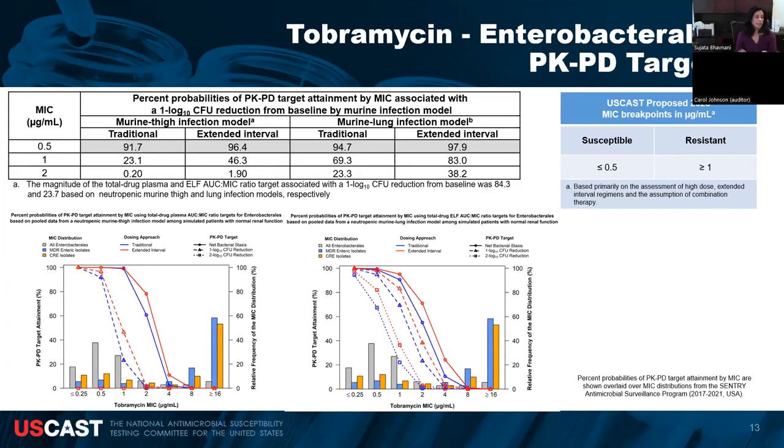So moving to tobramycin, we can see using the same sort of evaluation, high percent probabilities of target attainment of 90 and above, that 0.5 also was an appropriate susceptible breakpoint for TOBRA against Enterobacterales, and 1 was set for the resistant breakpoint.